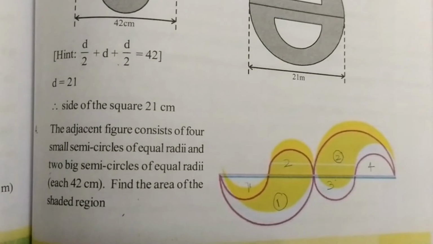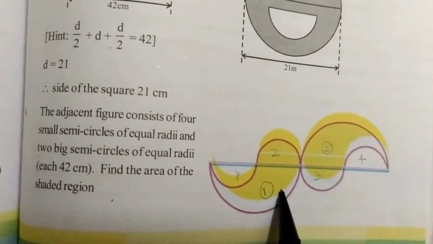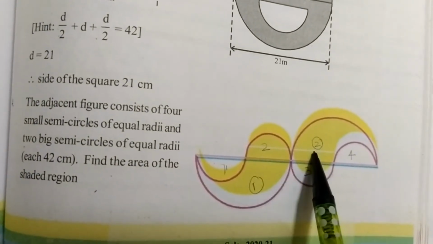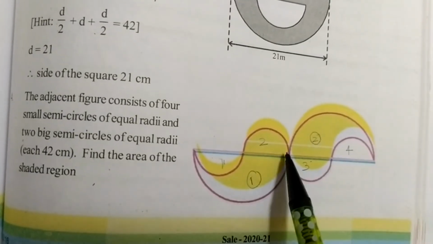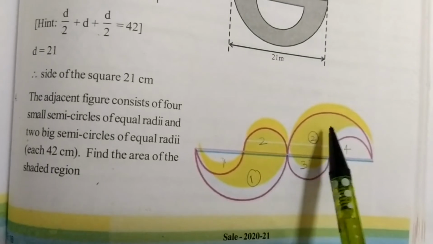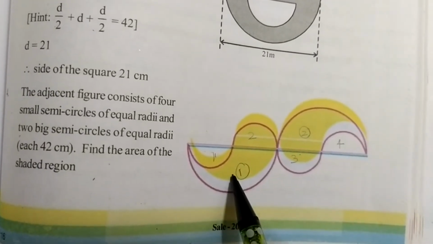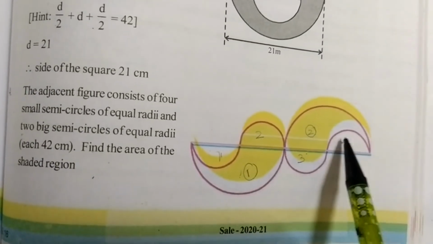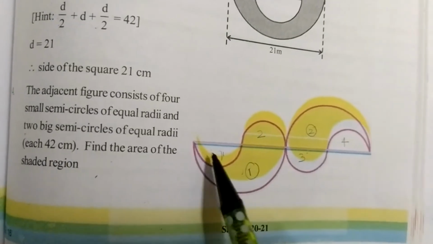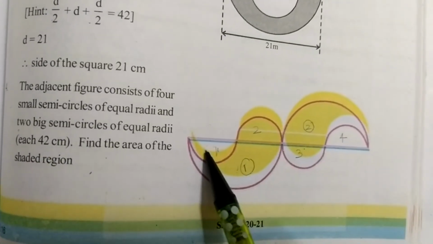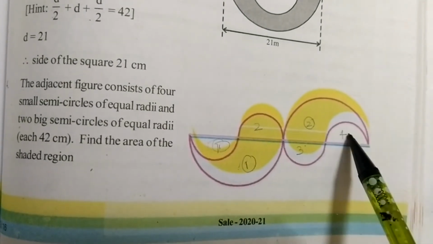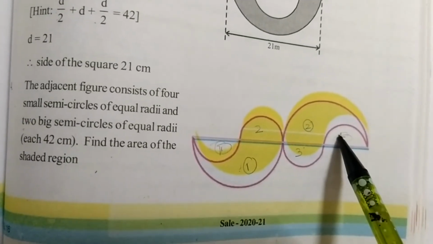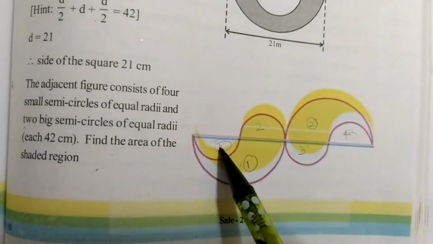See here, students, in this figure we are finding the area of this shaded region by first taking the area of the two bigger semicircles minus the area of these two smaller semicircles. In this bigger semicircle we don't need this part, hence we are removing these two parts by subtracting the area of two smaller semicircles.